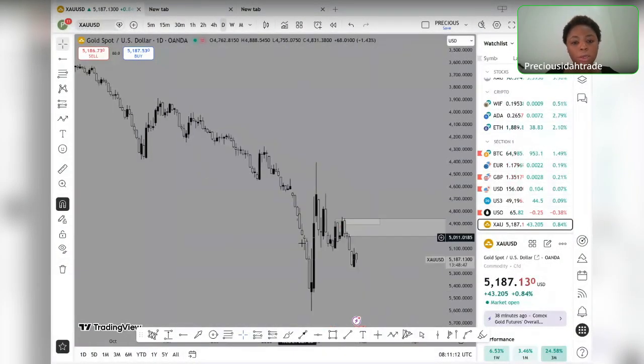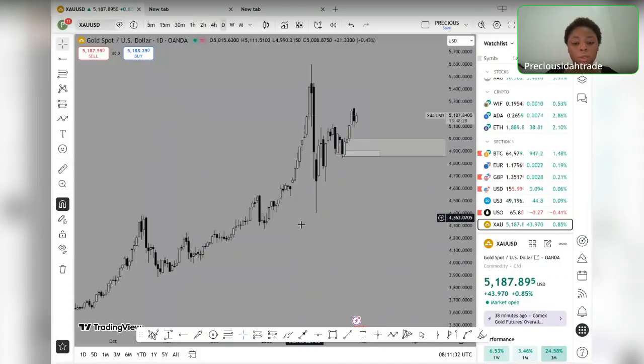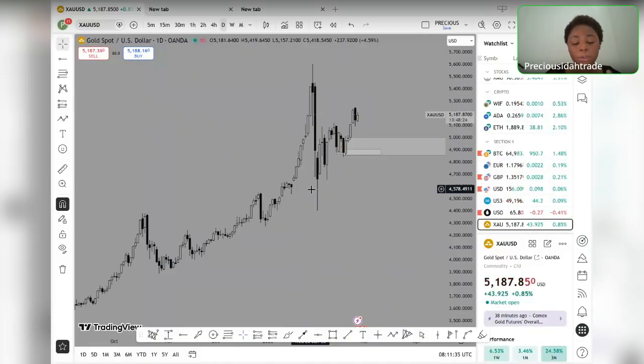We are having break of structure to the downside. If you want to change the chart, you can hold auto down, then click high, and it changes. Because we are bullish now, this is our market shift to the upside.